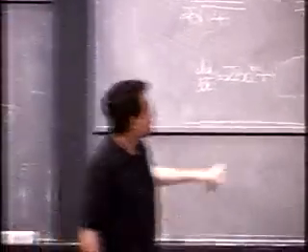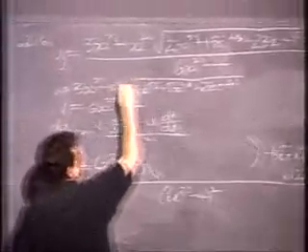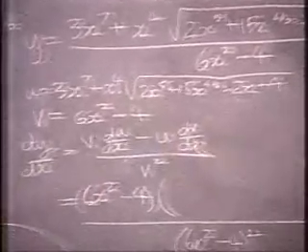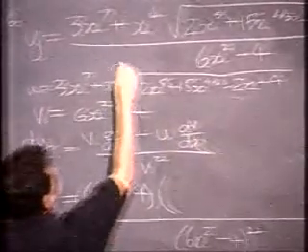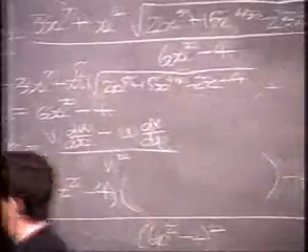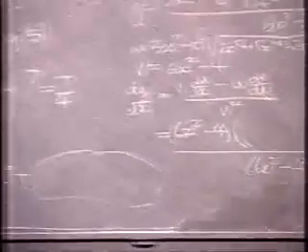It's a product of two things. It's x to the 4th times this square root. So I'm going to call the x to the 4th something like r, and the square root s. Then I'm going to use the product rule to find the derivative of this. And so on and so on.